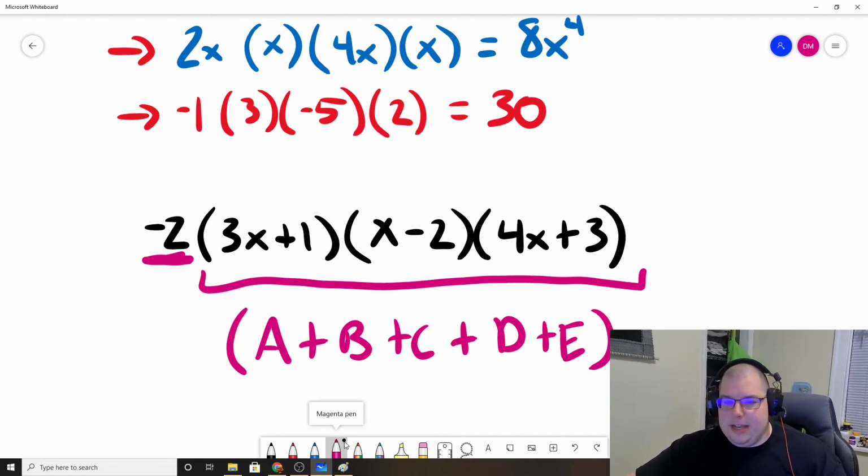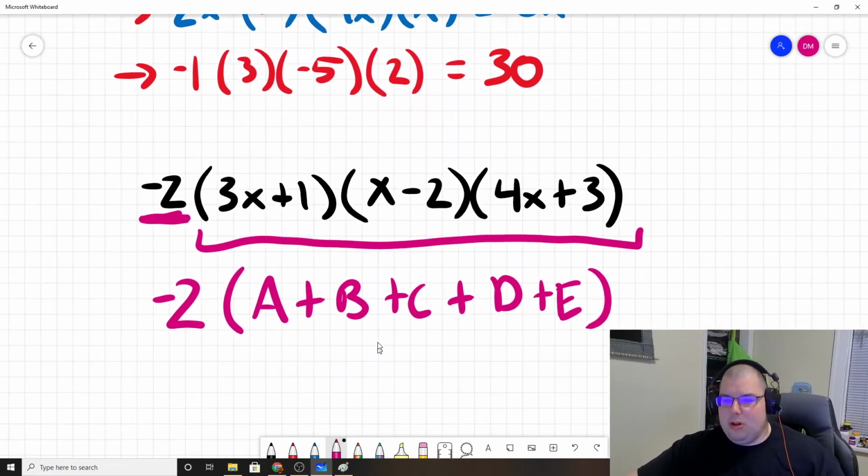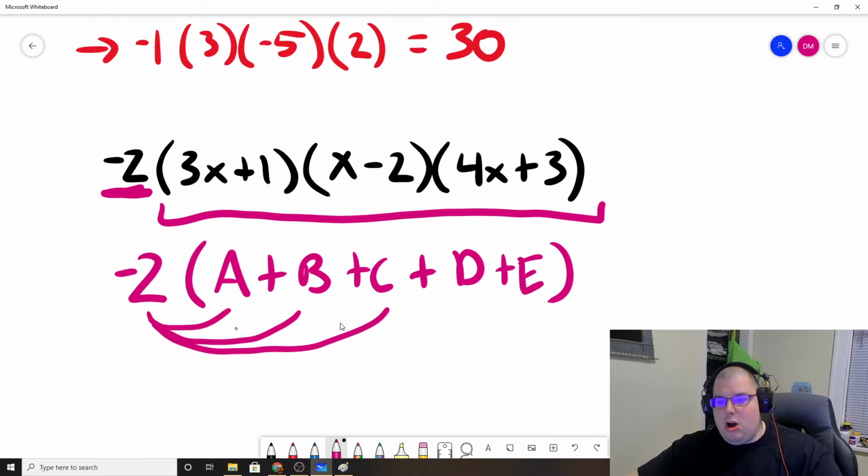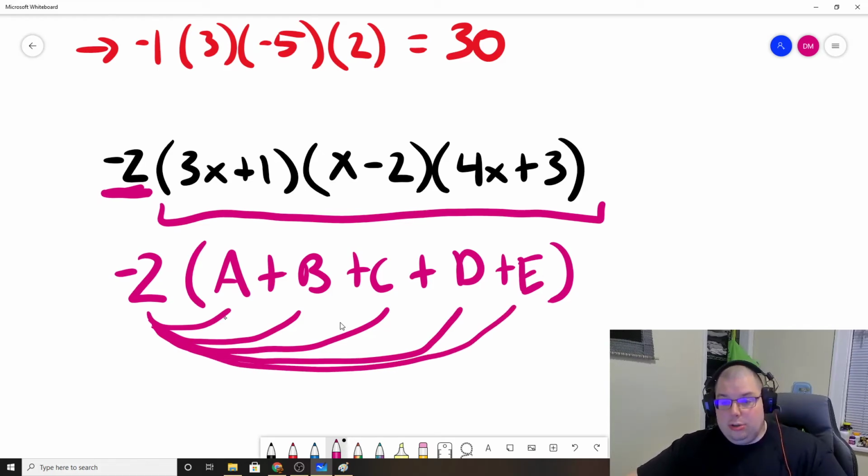So I get some big long polynomial, and at the very end of it, I would have to multiply by that -2. And I would distribute that -2 to all of the terms inside the polynomial, including the leading coefficient and the degree of the polynomial, and also the constant term.